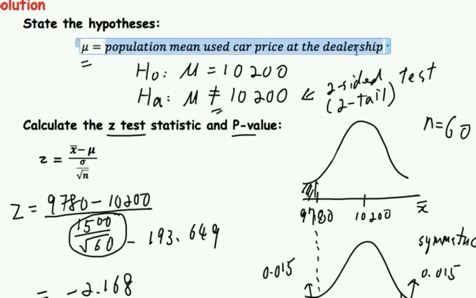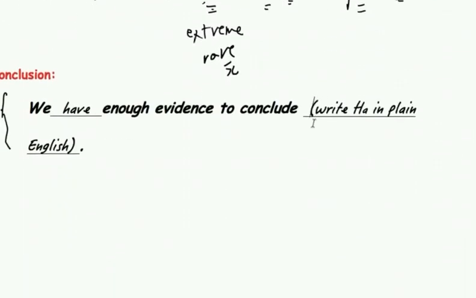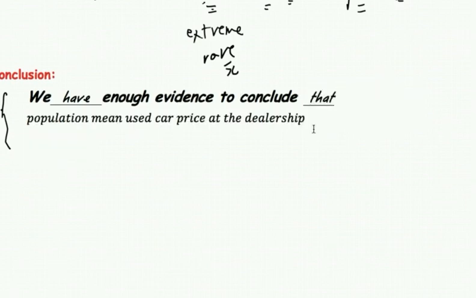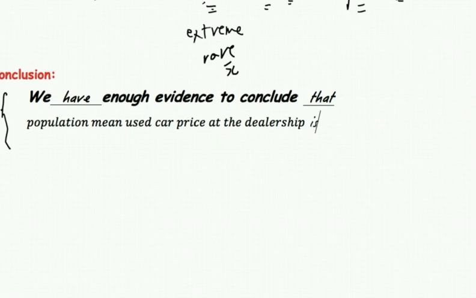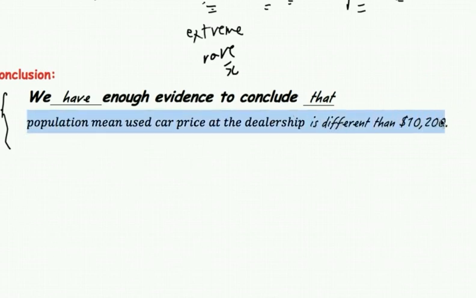So let me see if I can copy this to conclude, and then I think I can type it, that the population mean used car price at the dealership is different than this phrase. Remember, this phrase is our alternative hypothesis.